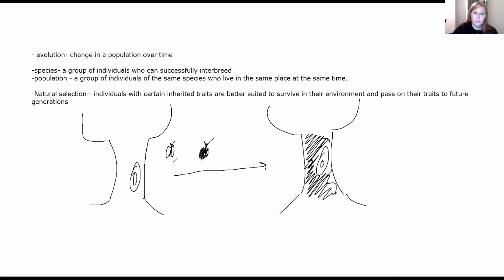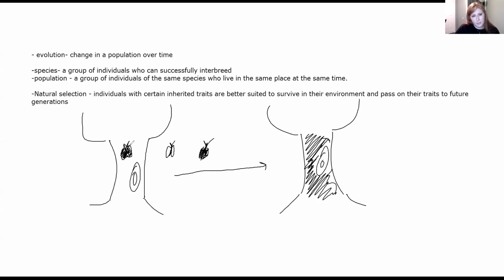That means it's not as likely to be picked up by predators, birds who are also living in the area, because these dark wings stand out. Obviously, they're gonna stand out against a white tree a lot. And so it's easier for predators to eat them.